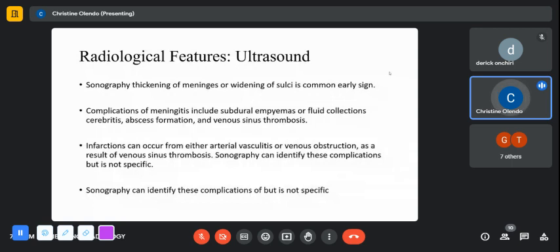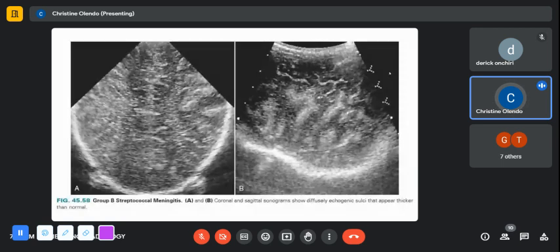In fact, infarctions can occur from either arterial vasculitis or venous obstruction as a result of venous sinus thrombosis. Sonography can identify the complications, but it is not specific to meningitis. So we'll go to a couple of sonograms.